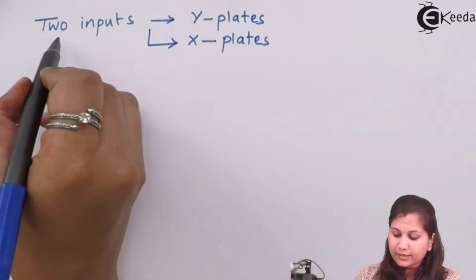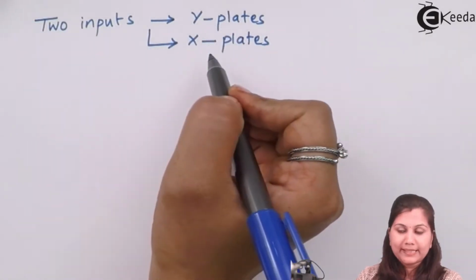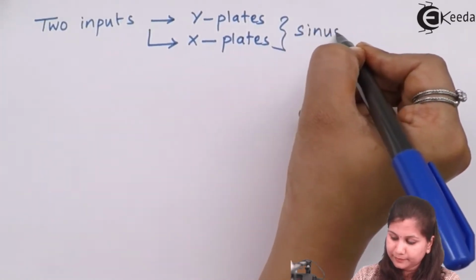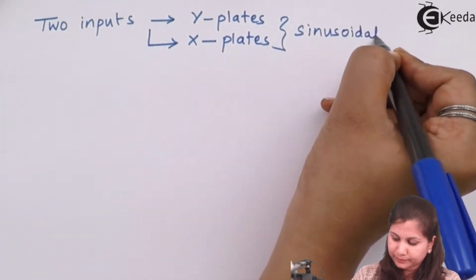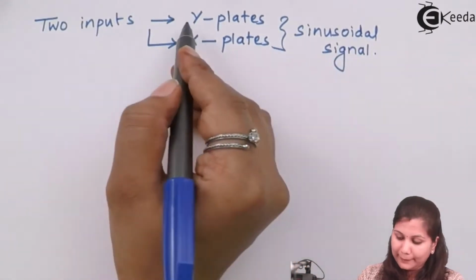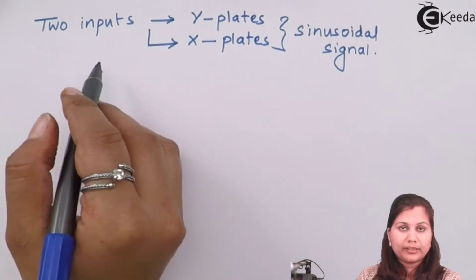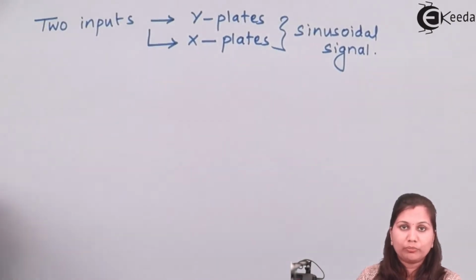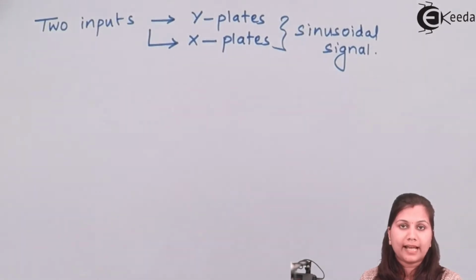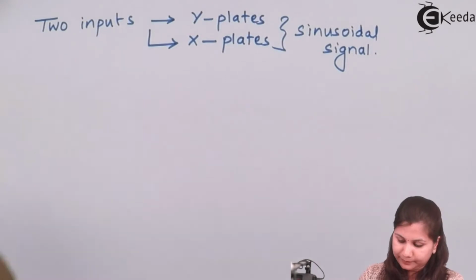Because on both these Y plates and X plates we are providing sinusoidal signals, on the Y plate we will apply the sinusoidal signal whose frequency we want to measure, and on the X plates we will apply a standard sinusoidal signal whose frequency is already known to us.